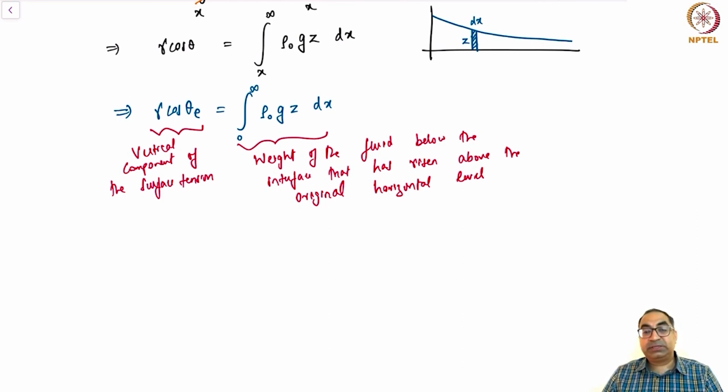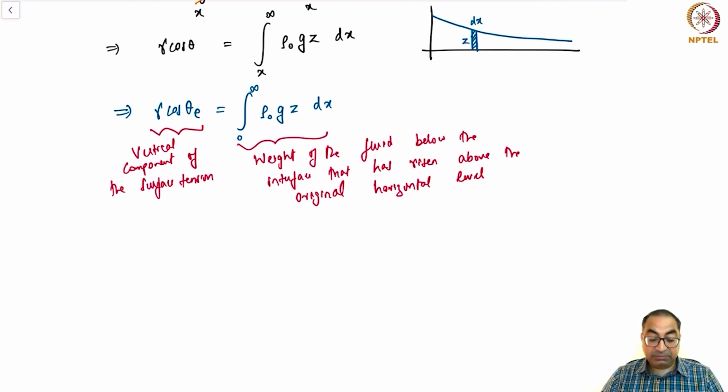Now clearly you can see that if theta e becomes small, meaning the angle becomes more and more acute, the fluid would rise further and further up along the meniscus. And if theta e, on the other hand, becomes obtuse, meaning greater than 90 degrees, then you could expect the meniscus to dip down, and the right hand side also would change sign as a result.